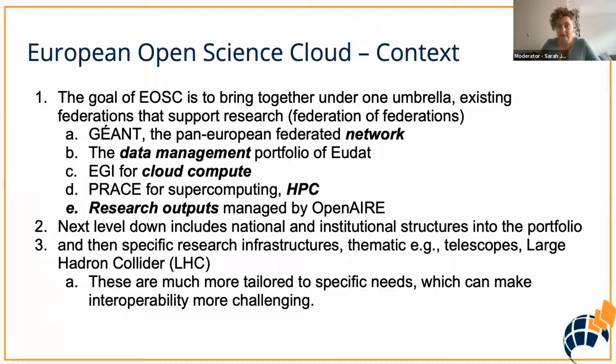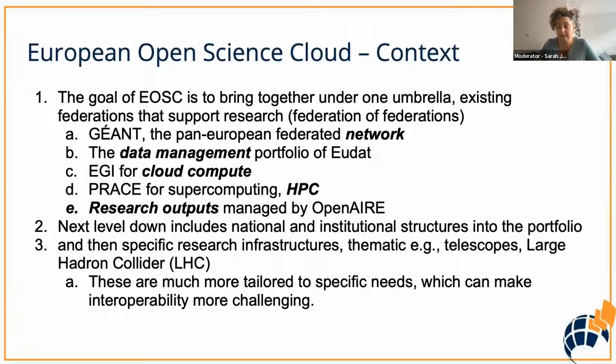There's also data management services. For example, EUDAT is an initiative that had services for file sync and share, storage, and data transfer when you're trying to move huge quantities of data to the processing, for example.